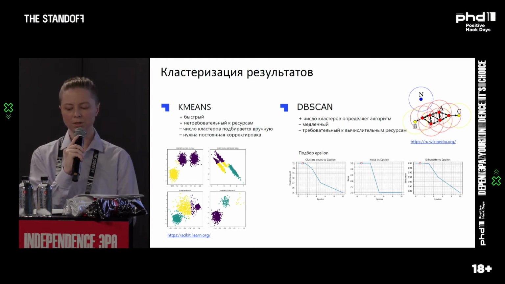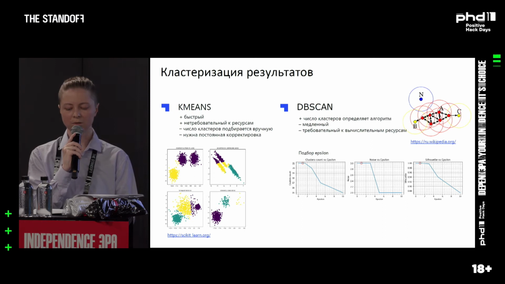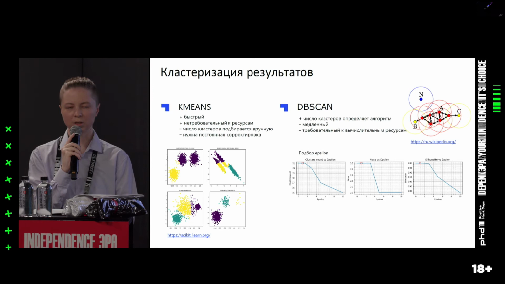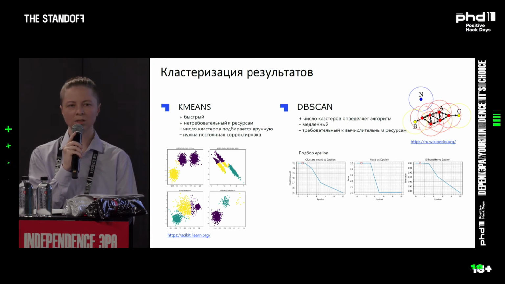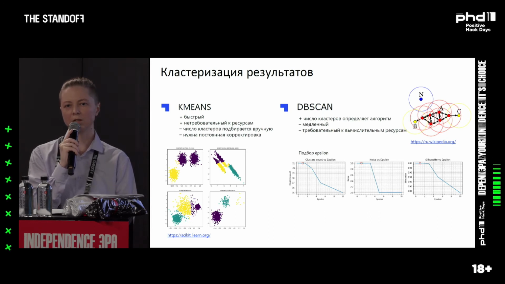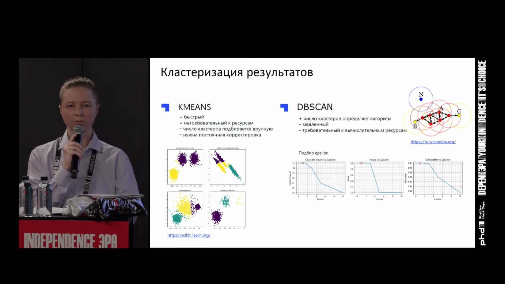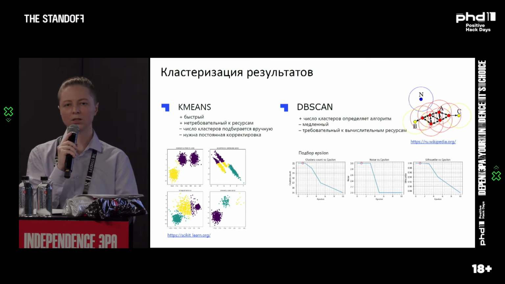After we selected the non-typical events algorithms division, we had to group the anomalies before we took them as incidents of information security. So for this, we used clusterization, k-means and db-scan, which I mentioned previously. K-means we used as a spare one when we saw that db-scan could not handle most of the events.